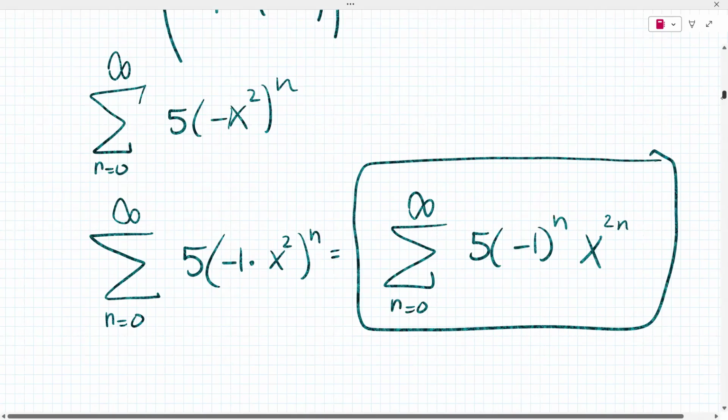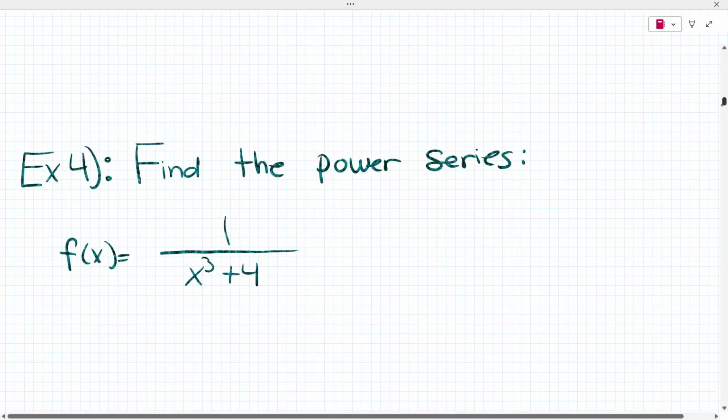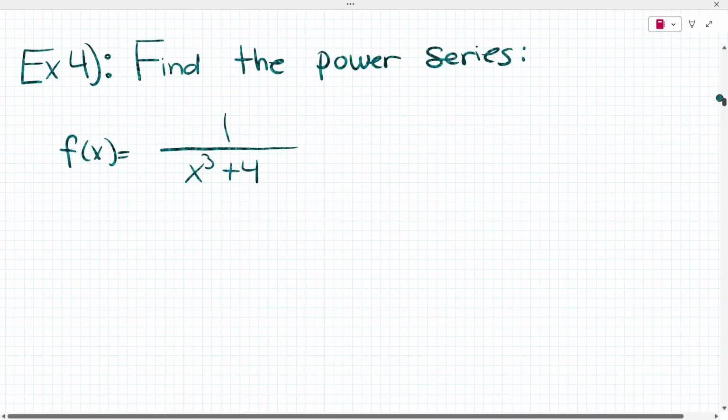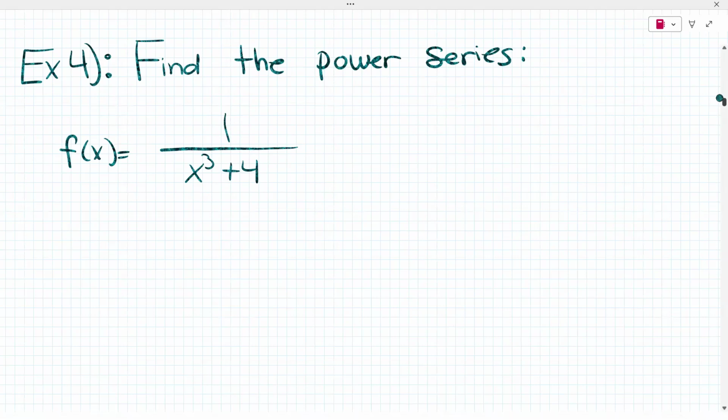Okay, let's move on to example 4. Example 4 says find the power series of 1 over x cubed plus 4. If you write out your rules, you want to make it look like this.